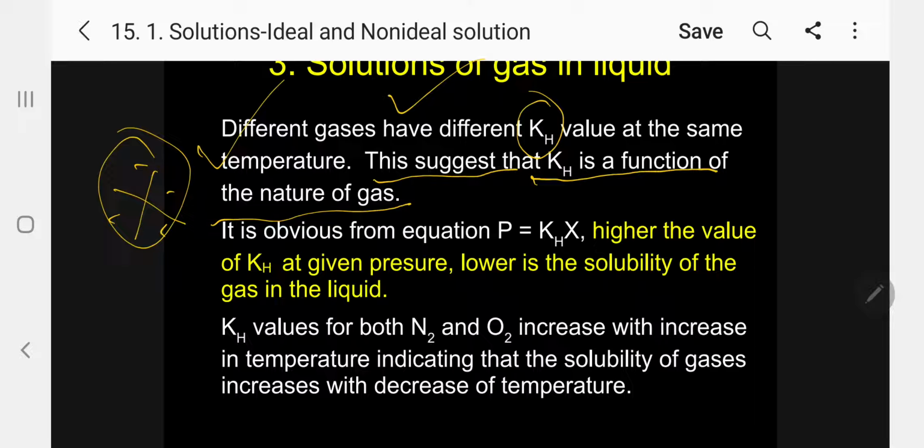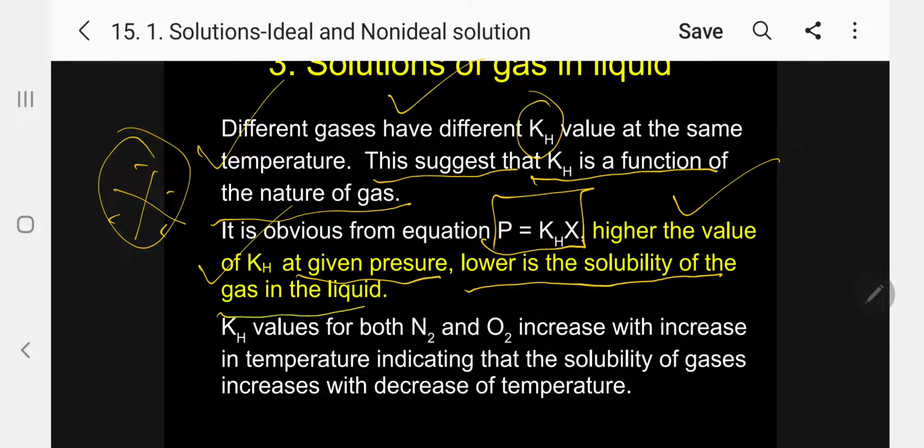It is obvious from the equation P equal to KH X. Higher the value of KH at a given pressure, lower is the solubility of the gas in the liquid. This is the most important information.